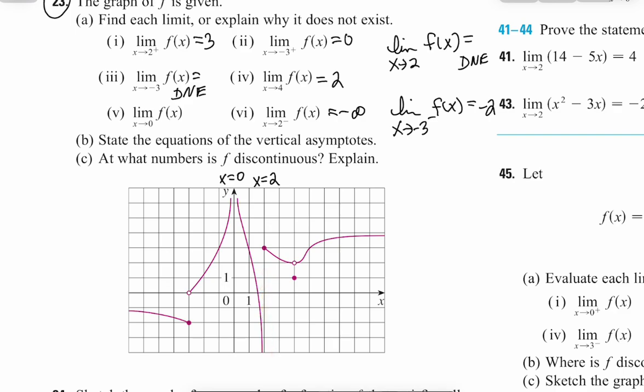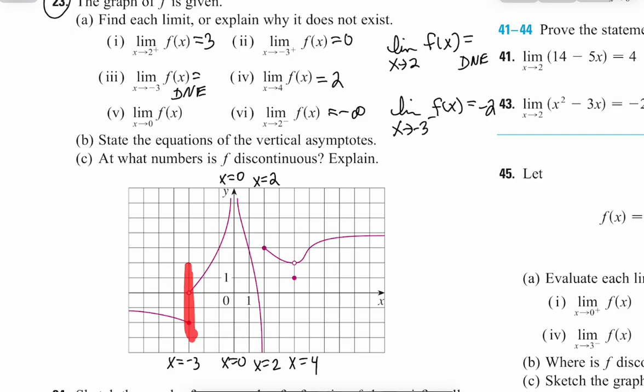Okay. So where is there a jump, a hole, or a vertical asymptote? That would be the numbers where f is discontinuous. We're going to find vertical asymptotes, and discontinuity is going to be there too. Okay, so the x's we have to account for are -3, 0, 2, and also 4.